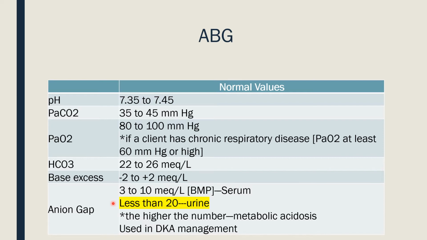And again, the normal in the blood should be between 3 to 10. But if you check the urine, the anion gap should be less than 20. The higher the number, the more your patient is leaning towards metabolic acidosis. And again, this is used mostly for patients who have DKA.